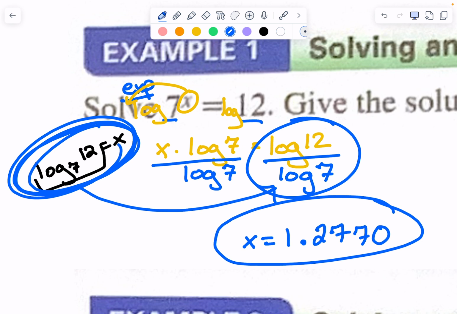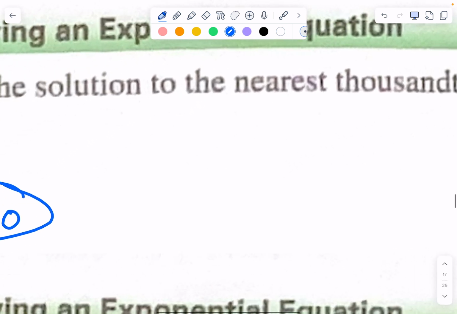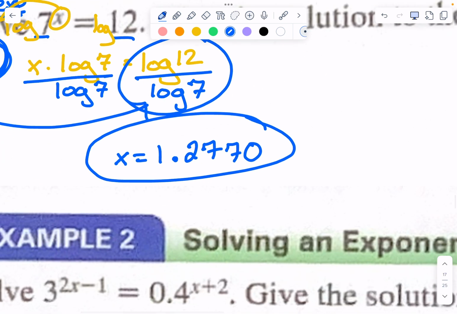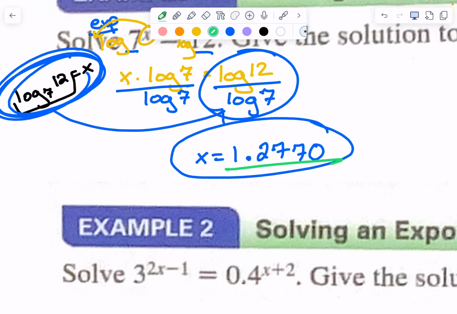I'm used to 3 sig figs. They want you to go 4 decimal places. Give the solution to the nearest thousandth. Oh, thousandth is actually 3. Shoot, I was right. Usually they have you do 4 decimal places. So I'll just say 4 decimal places. It's still 7.